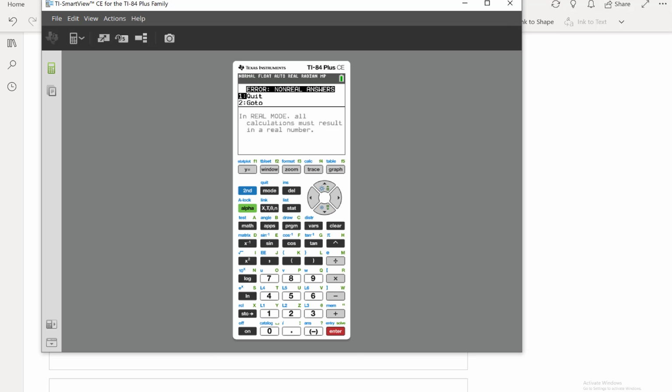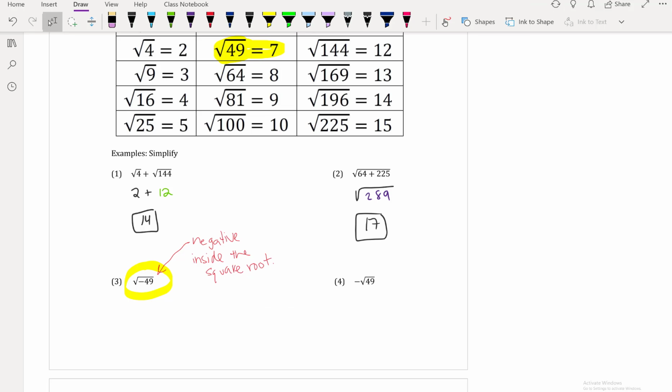What that's telling me is that it's an imaginary number. So you can either say that it's a non-real solution, or you can just say no solution. I believe that's what it says on Newton.